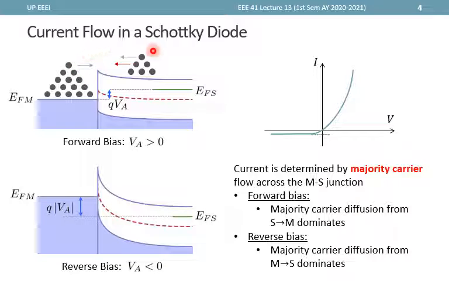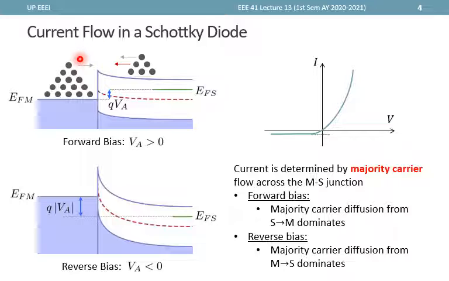However, at the semiconductor side, since we decreased the bending, then the barrier that these electrons see in crossing from semiconductor to the metal actually decreased, so aside from the original electrons being able to cross the junction, there are now more electrons that are able to cross the junction.